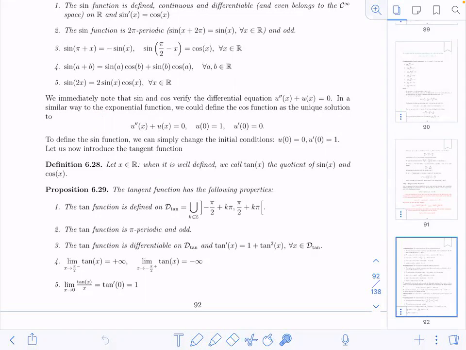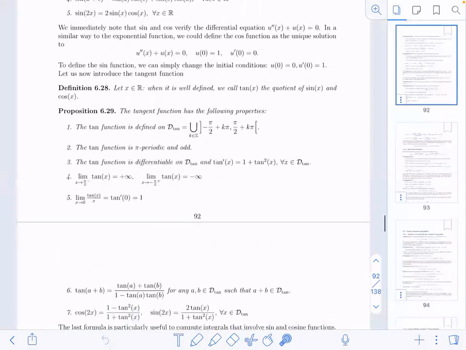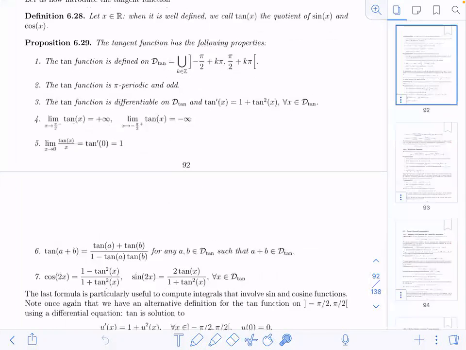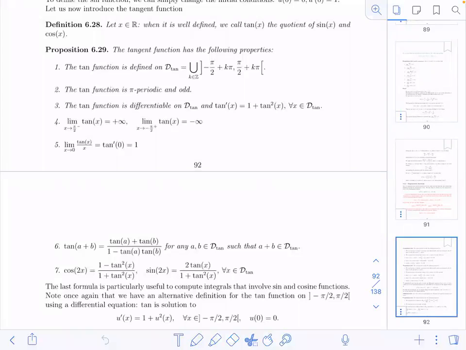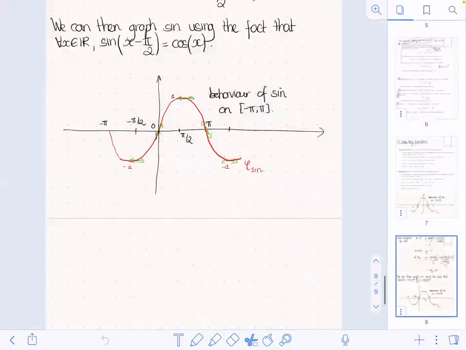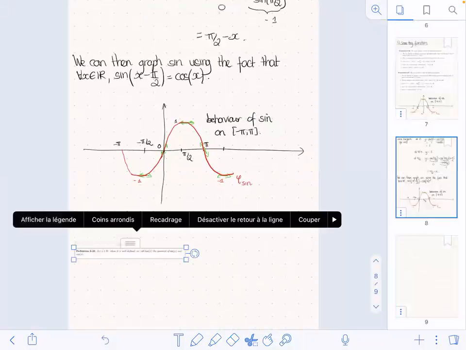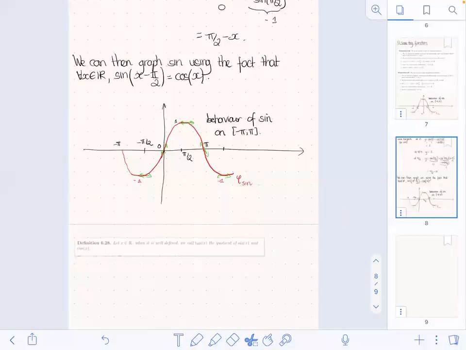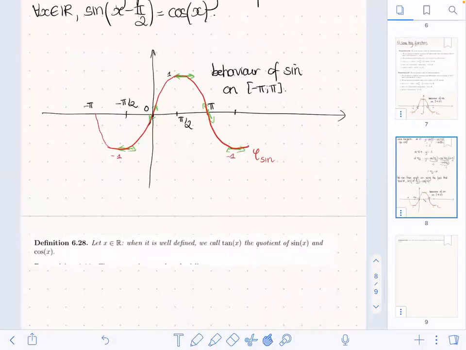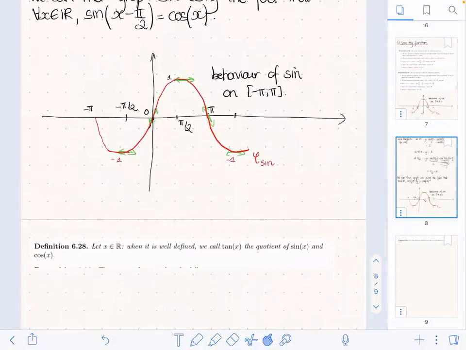One function that we can finish off with today that's related to these functions is the tangent function. I'm guessing that you probably have done less on the tangent function than on sine and cosine. It basically comes up a little bit less. The tangent function is defined as the quotient of sine and cosine, but only when it's well defined.